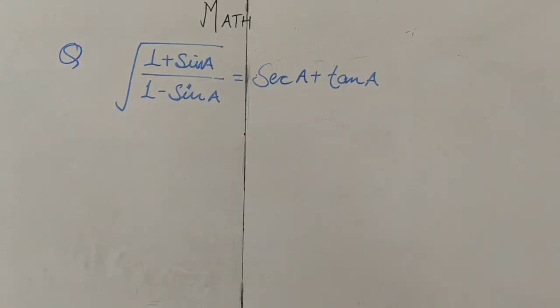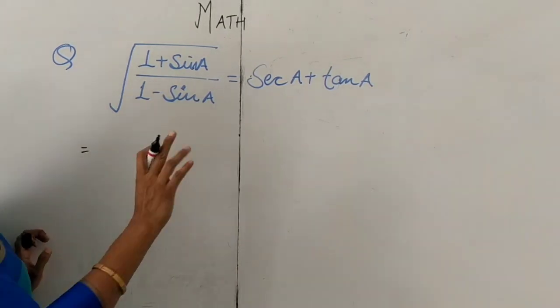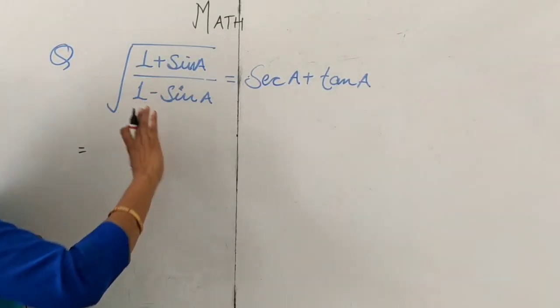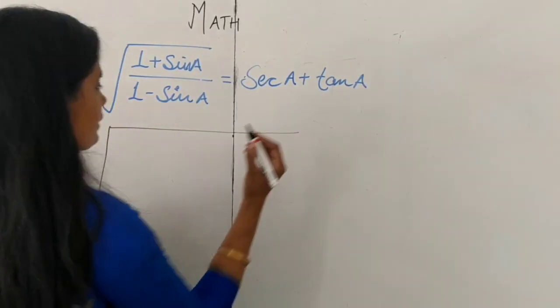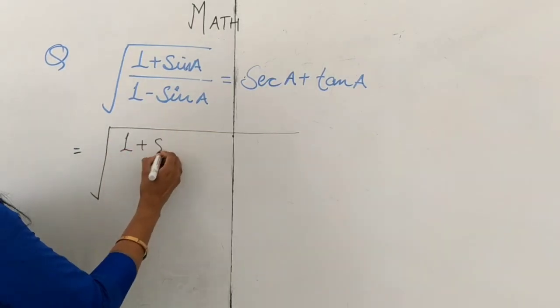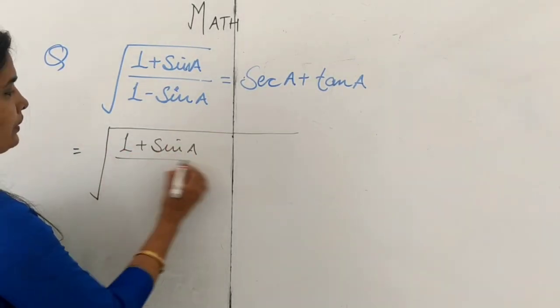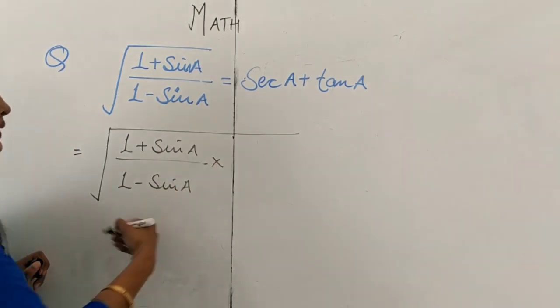Okay, let's take one more example based on identities. In this type of question, whenever you will see square root sign in any question, what you have to do? You have to do rationalization here. Okay, so this is 1 minus sin a, 1 plus sin a upon 1 minus sin a as it is. You have to take opposite sign now.